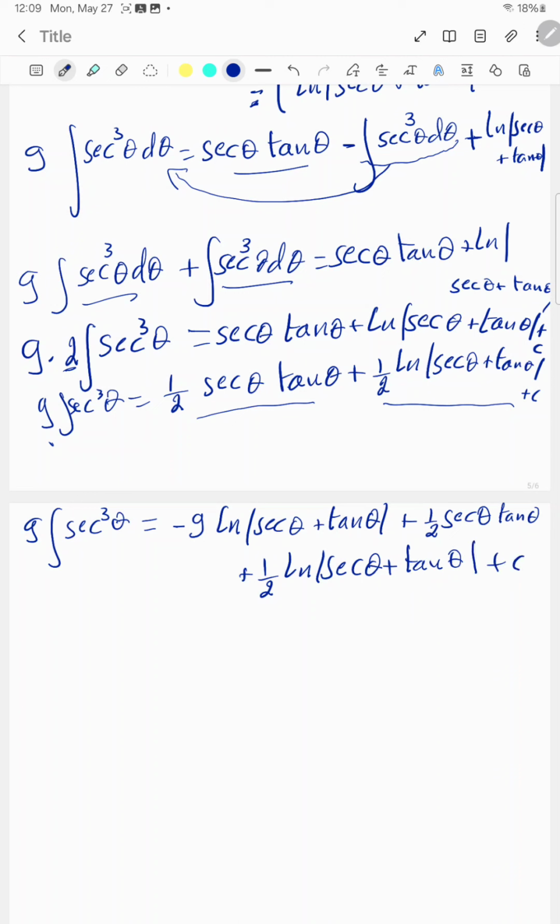So I need sec to the power of 3 of theta. I can divide by 9 here, and everything here divided by 9.